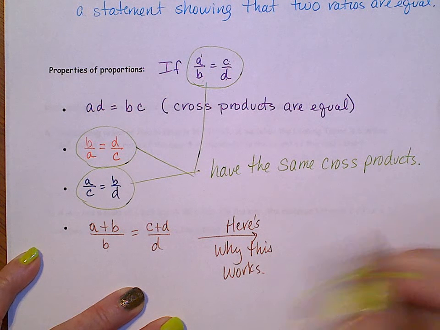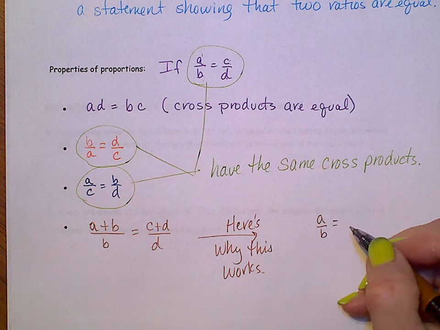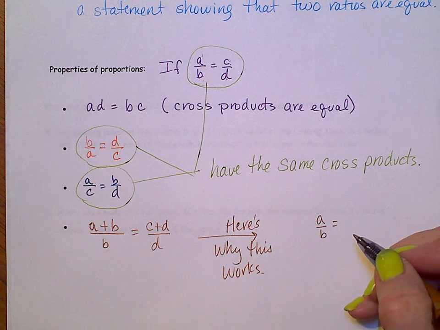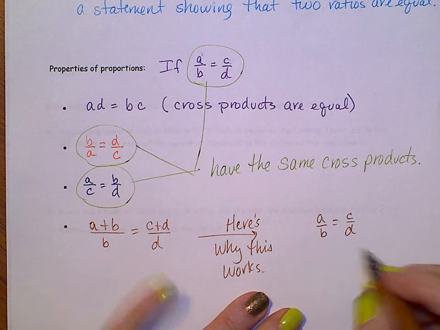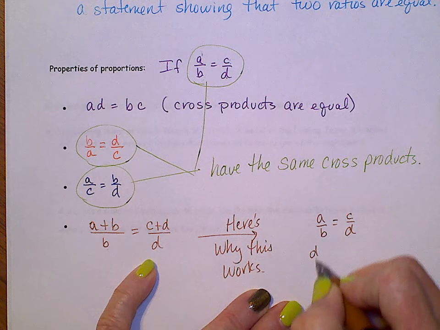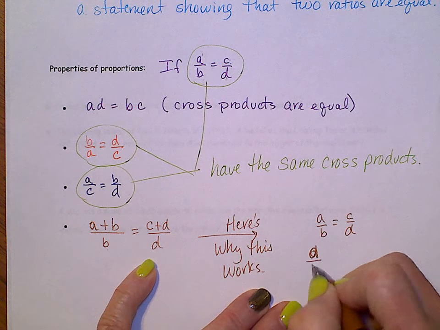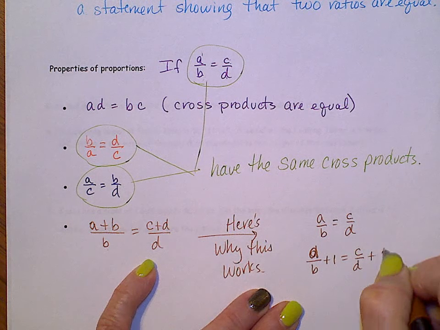If we start off with this proportion, A over B equals C over D, and I go ahead and take this equation and add 1 to both sides, A over B plus 1 equals C over D plus 1. That's legal.